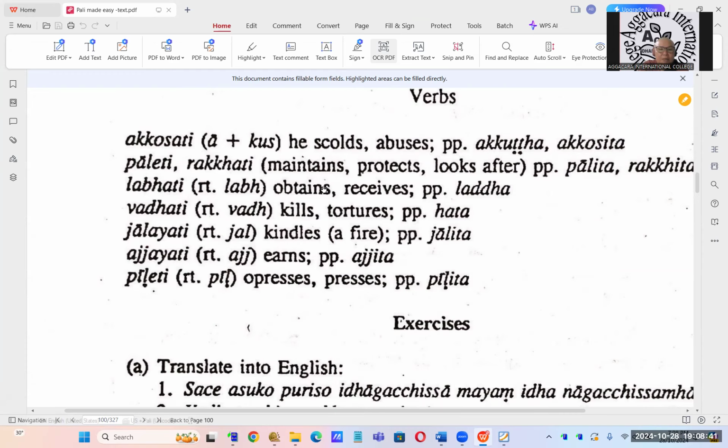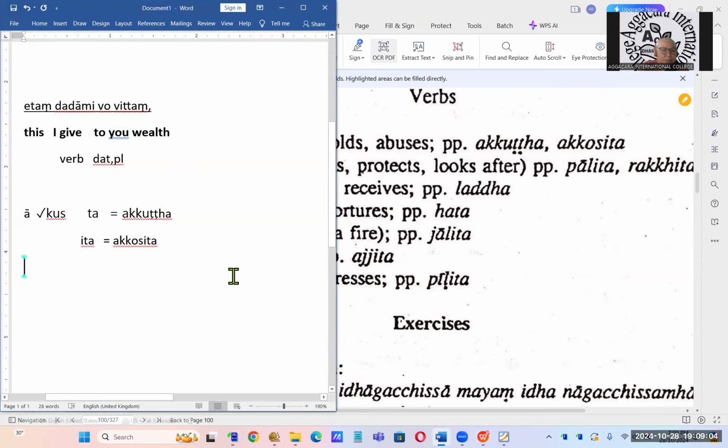Labhati, laddha, labh. So labh plus ta becomes ddh, right? Vadhati, sorry, it's not double d, it's vadhati. So kills, torture. Now, this past participle becomes hatta. Okay. Why does it become hatta?